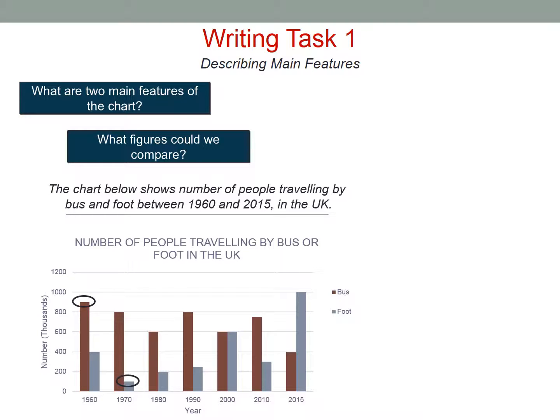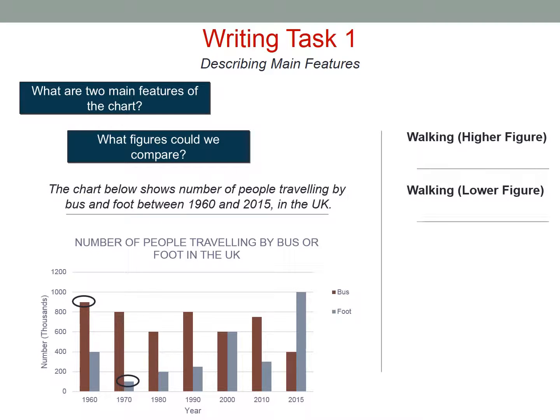If we look at foot travel in 2010 and 2015, we can see a rapid increase in walking over the period of 5 years. How do you think we can describe this in an academic sentence?